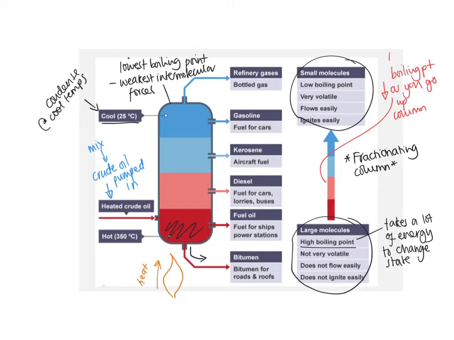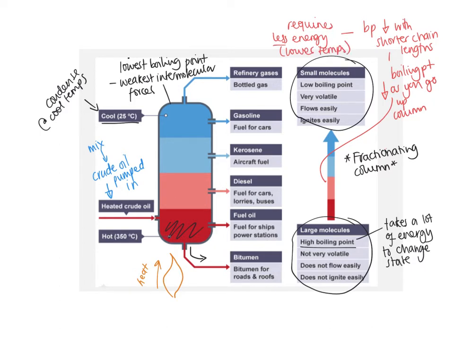Okay, and also boiling point, I'm just going to write BP, decreases with shorter chain lengths. Okay, so that means, and this is just summarising everything that we've done, that it requires less energy, or lower temperatures.